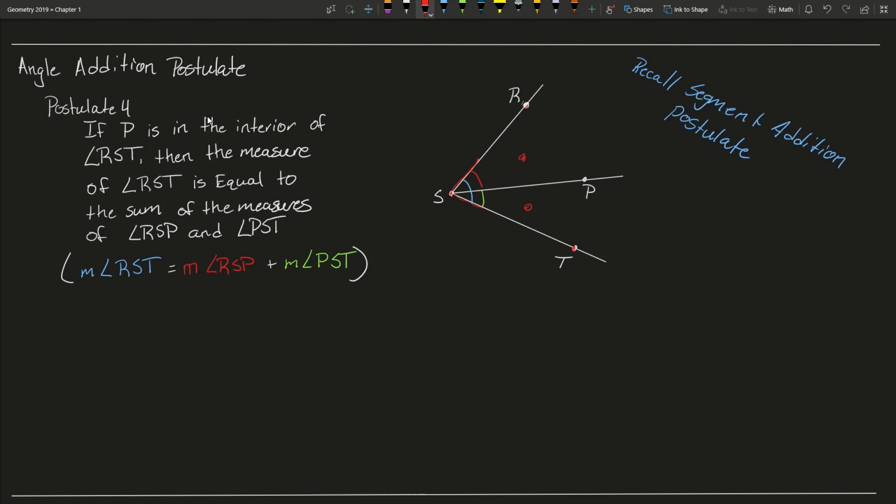So in math notation, this says that the measure of angle RST is equal to the measure of angle RSP plus the measure of angle PST, all color-coded for you.